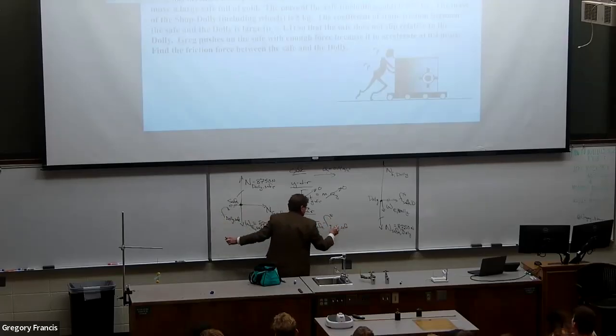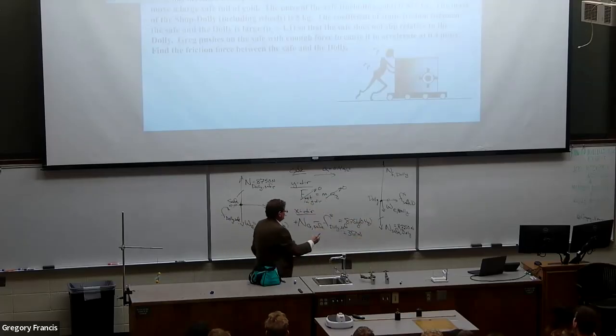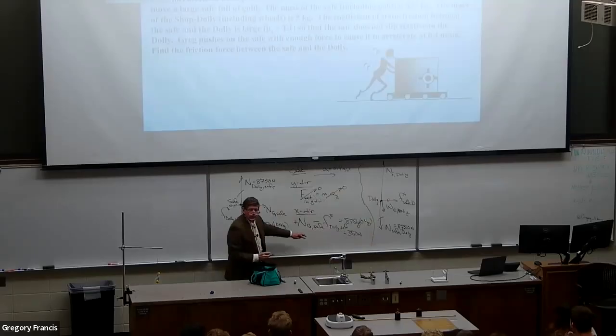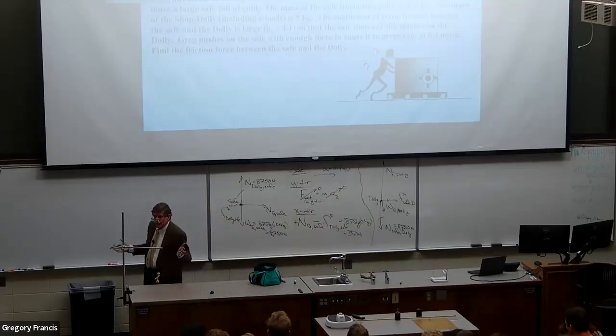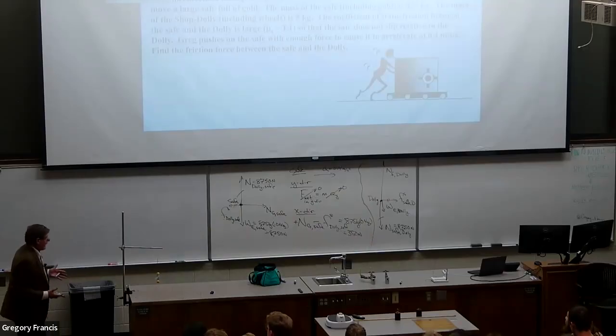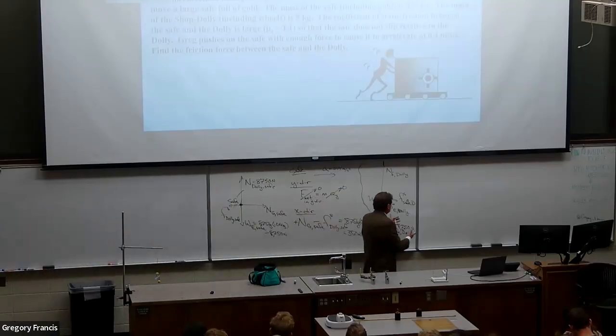That's in the negative direction, and that has to equal the mass of the safe, 875 kilograms times the acceleration of 0.4 meters per second squared, and that equals 350 newtons. But you'll notice that that equation has two unknowns. I can't solve one equation for two unknowns. And so I just go to my other free body diagram.